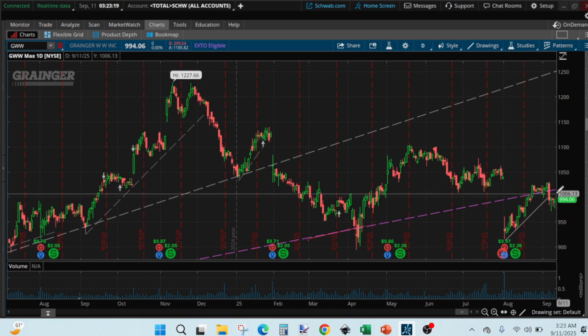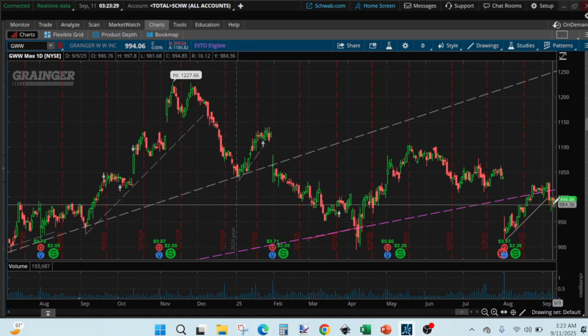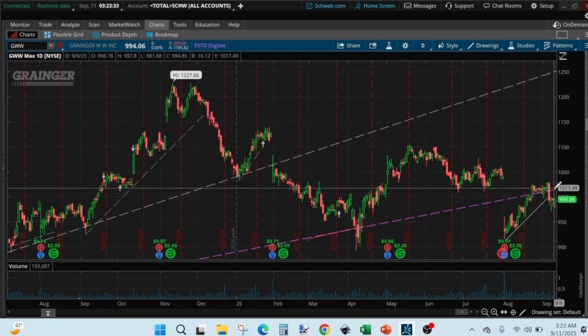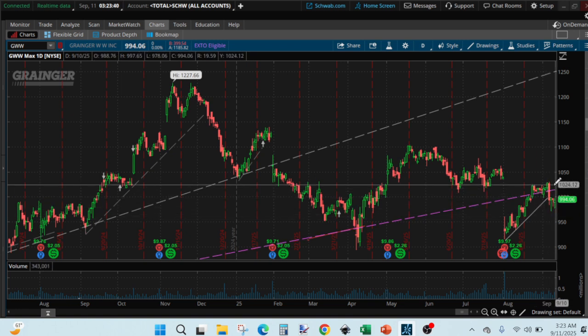You can wait to find another red bar, and if that red bar is higher than this one or higher than that little one there, and the green bar that follows is higher than that red bar, you could buy at that green bar.